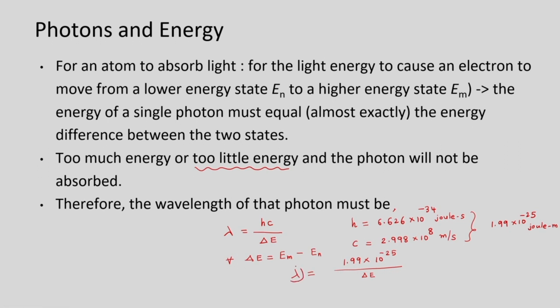So, to decide the wavelength, we must first compute how much energy difference there is between the two quantum states, between which the jumping is desired.